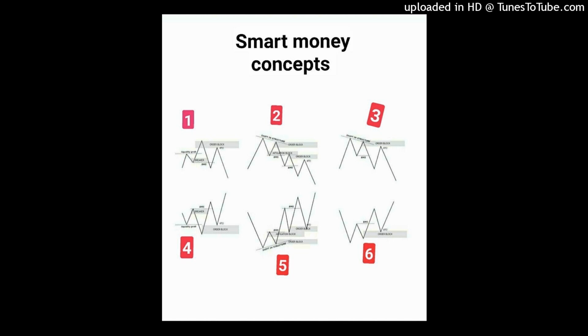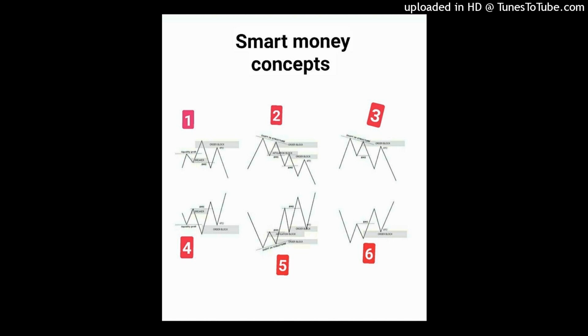So say we got a massive impulse, and before that it broke structure of this. So it broke previous structure as an impulse, so our order block is sitting here. There's a nice level of inefficiency sitting above it, so it's very, very clear.